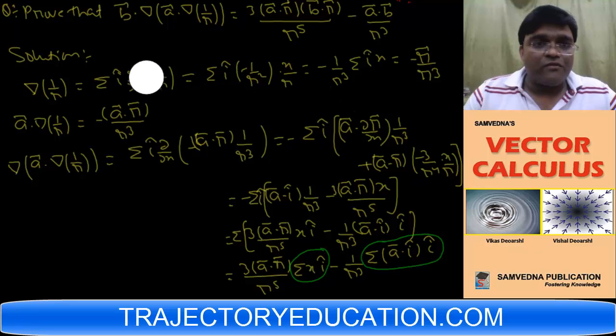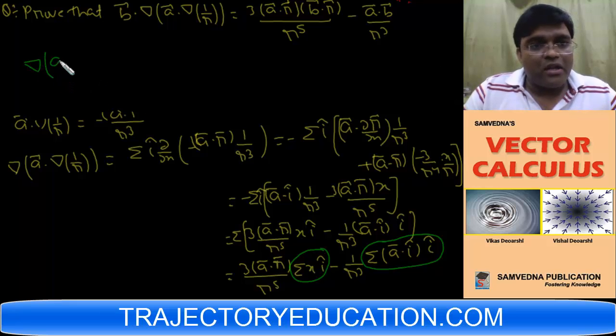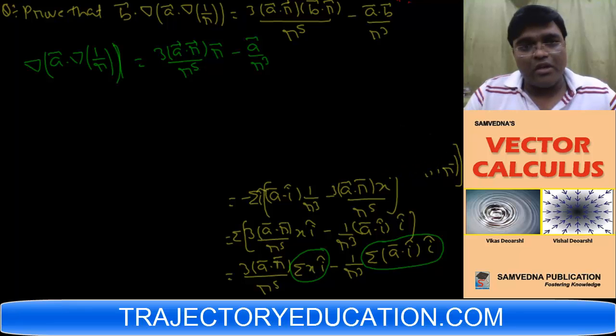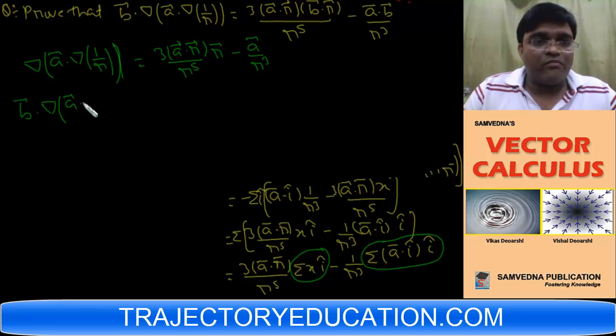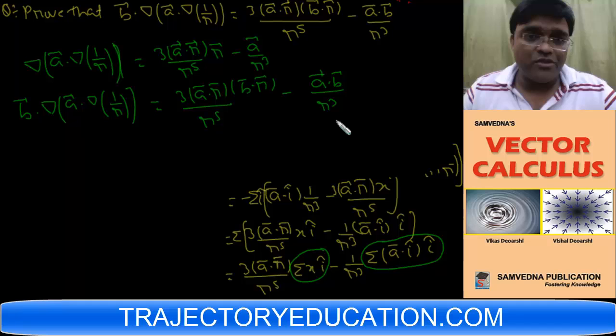So finally, A·∇(1/R) is nothing but 3(A·R)/R⁵ times R vector minus A/R³. So B·∇(A·∇(1/R)) is nothing but 3(A·R)(B·R)/R⁵ minus (A·B)/R³. Alright, this is how this can be done.